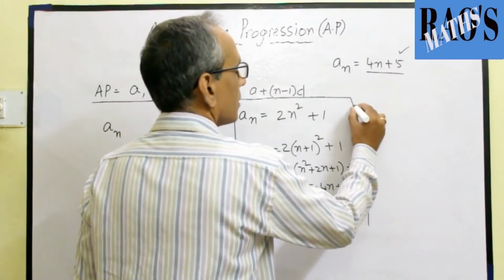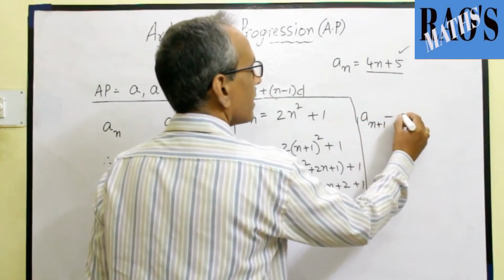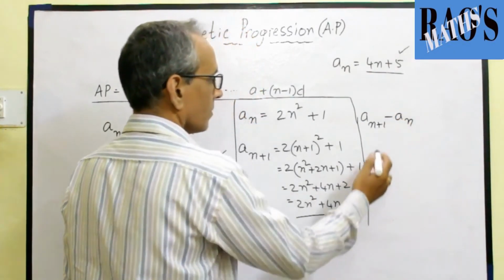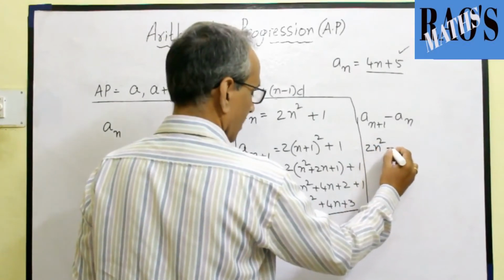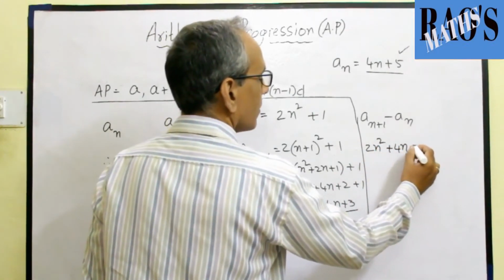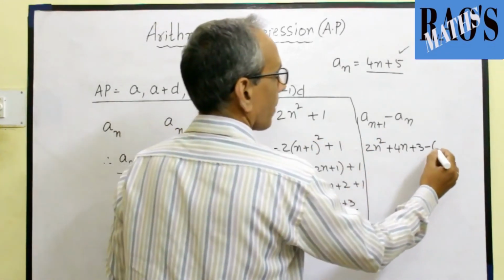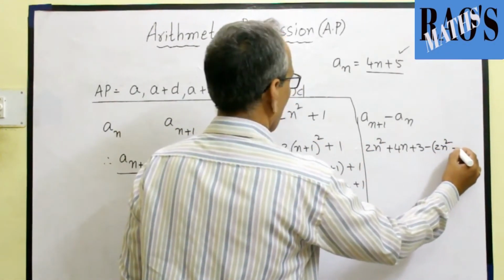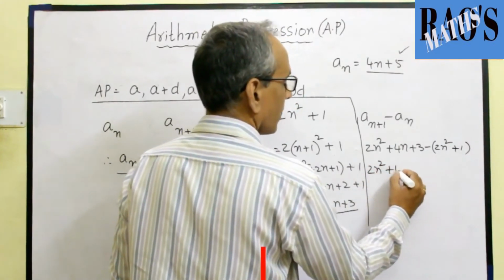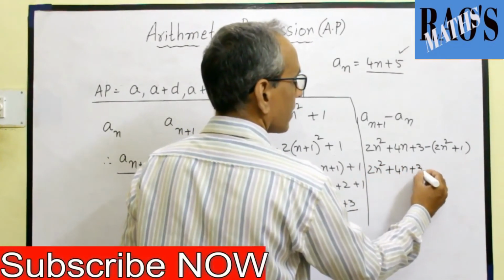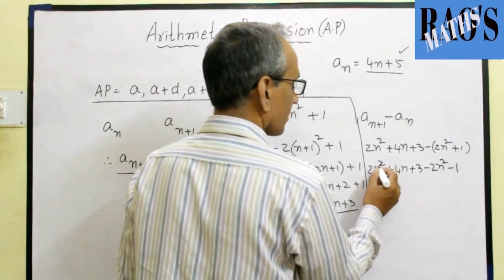So the difference: (n+1)th term minus nth term. The (n+1)th term we defined as 2n square plus 4n plus 3, minus 2n square plus 1. So 2n square plus 4n plus 3 minus 2n square minus 1.